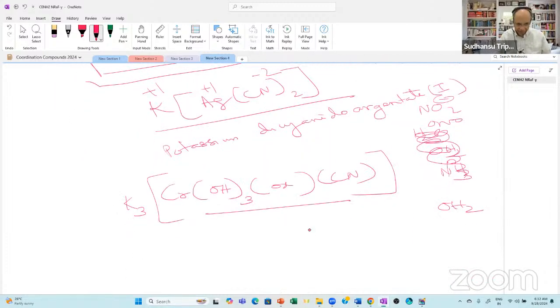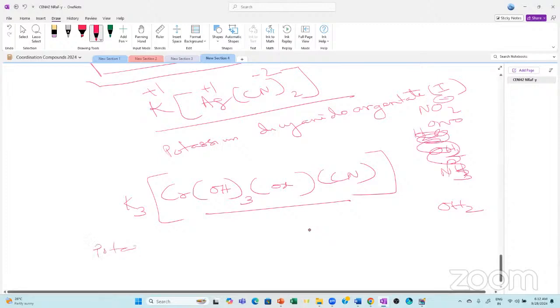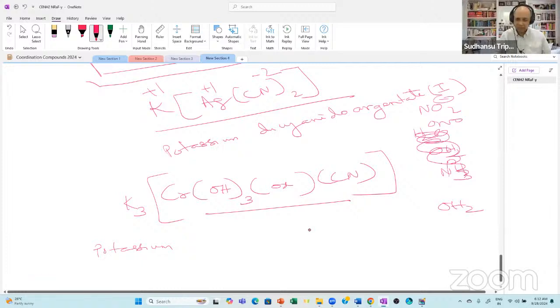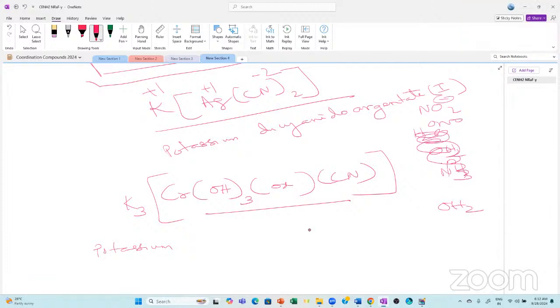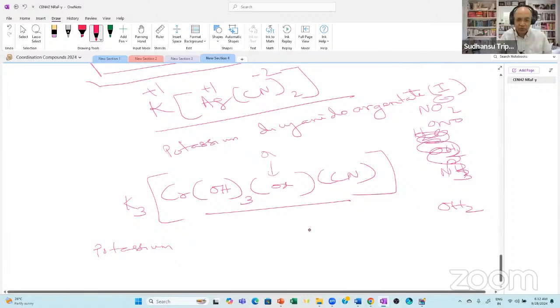Yes, Krishna. Potassium cyanide, trihydroxide, oxalato. Slow, you are very fast. Here in potassium, this is cyanido, C, 1 minus. This is oxalato, and it is 2 minus. This is hydroxido, they were calling hydroxo, minus 1.